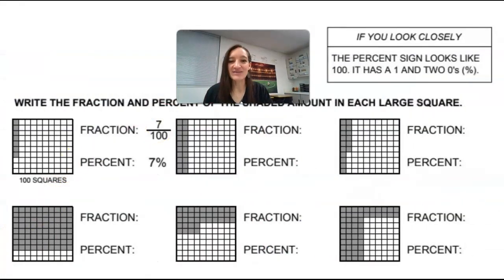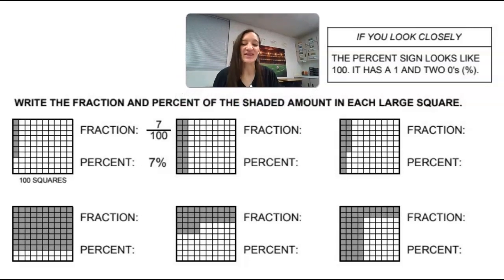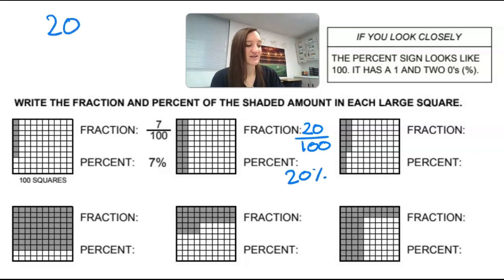Now, like we've talked about, you can change any percent into a fraction. So this right here is 20 out of 100, which we could also write as 20%. Here's my trick here. I started at 20 out of 100. What I like to do is I like to take the one right there and the two zeros, and that helps me remember that it's a percent because I take this one and I put it diagonal.